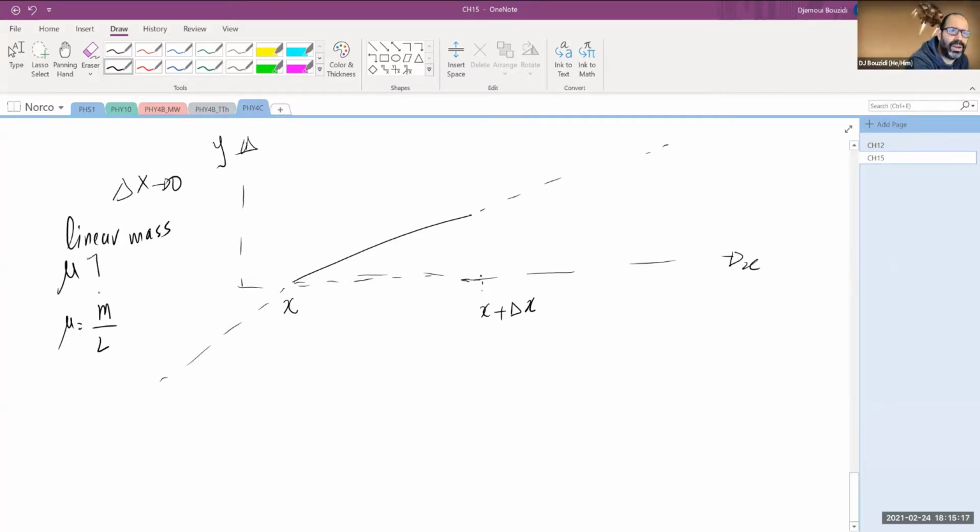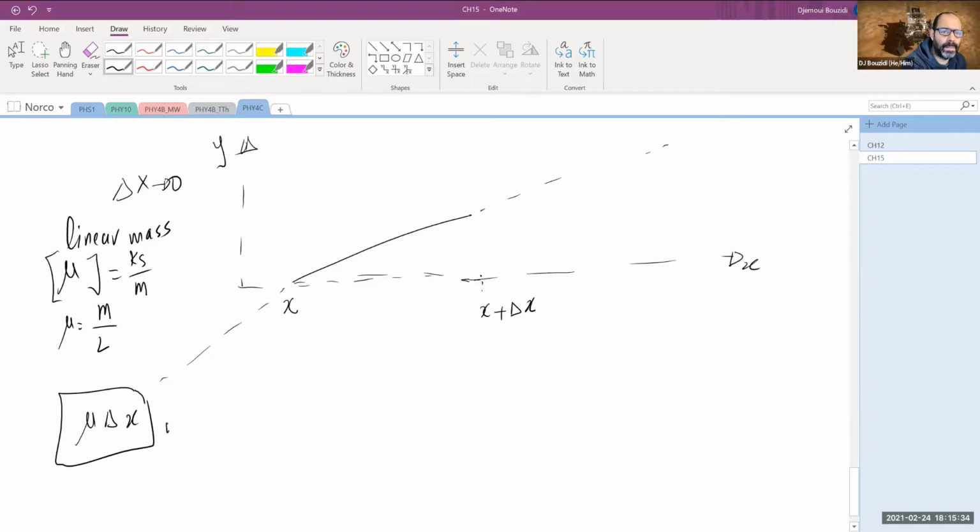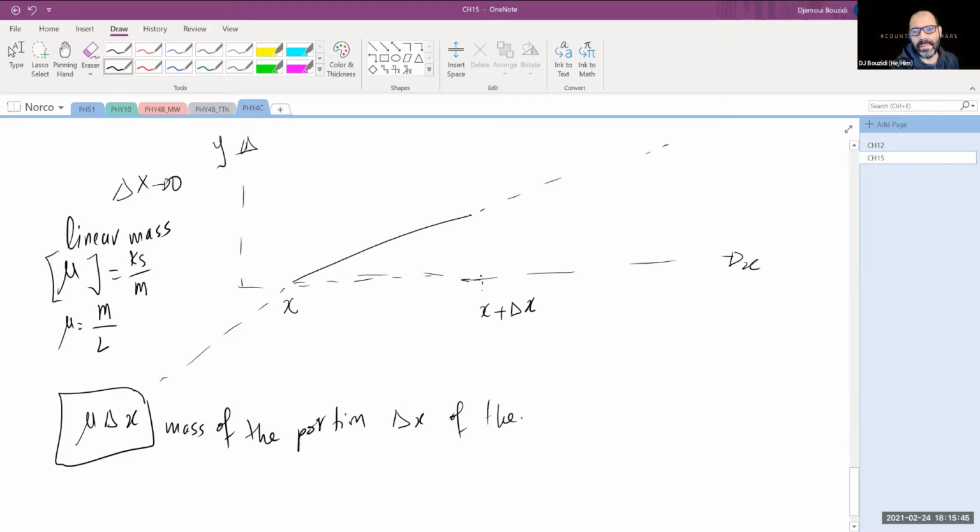So the unit for mu is kilogram per meter. This is a linear mass per unit length. In other words, I didn't take the entire string, I took just a delta x portion of it. This has a mass of mu delta x. So this is the mass of the portion delta x of the string.